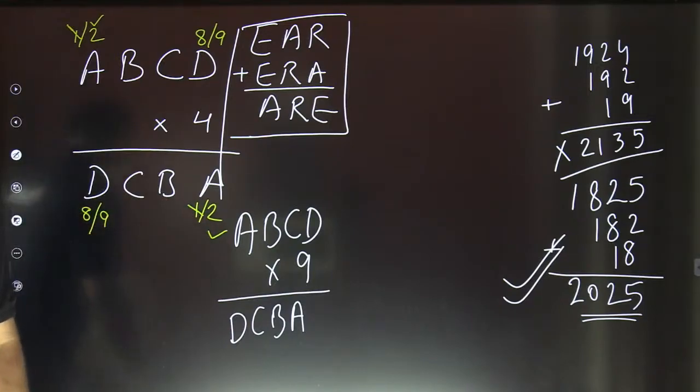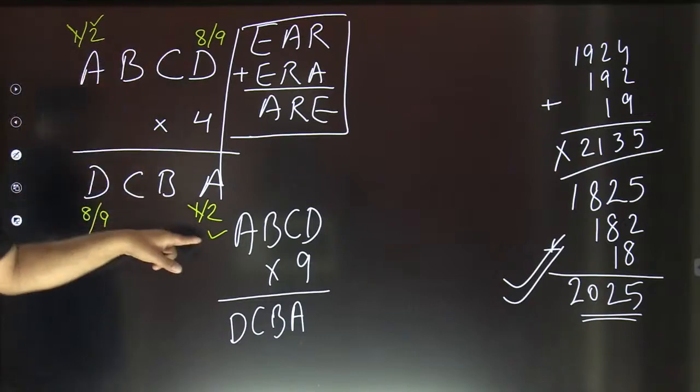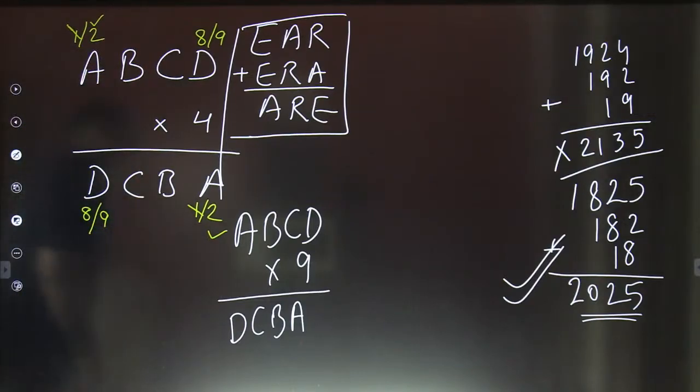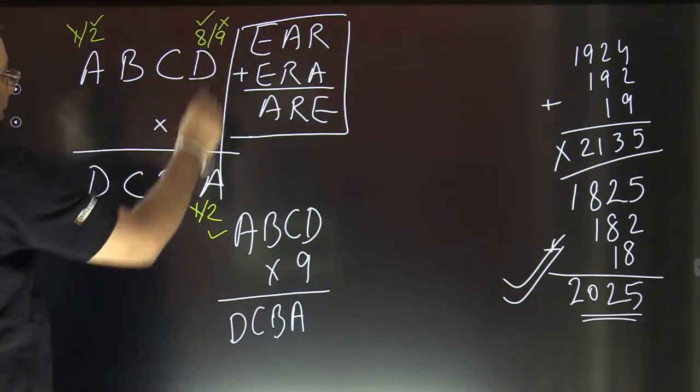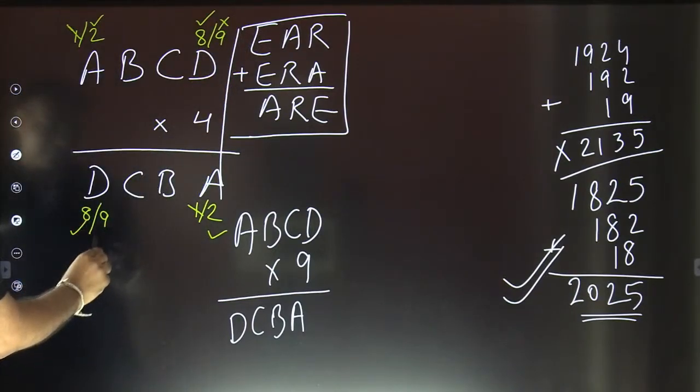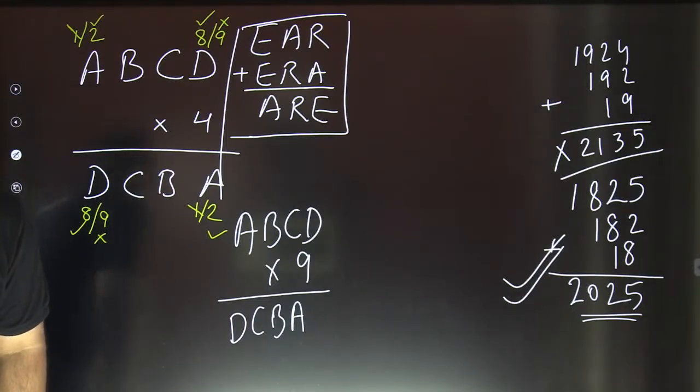What do you see? What do you say? 4 needs to be multiplied with 8 or 9 so that it ends in 2. 8 of course, right? So this is certainly 8. So 9 is not there. This is 8. And so this is also 8. Clear so far? Is it clear so far? Fine.